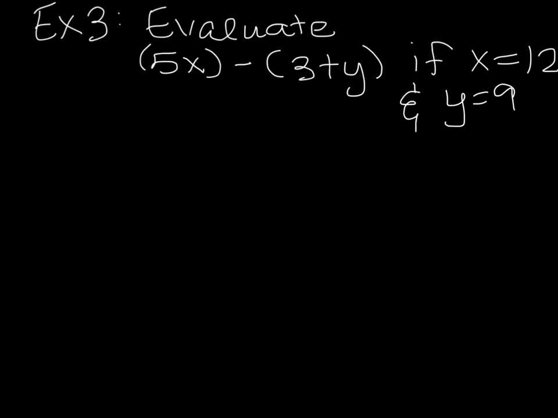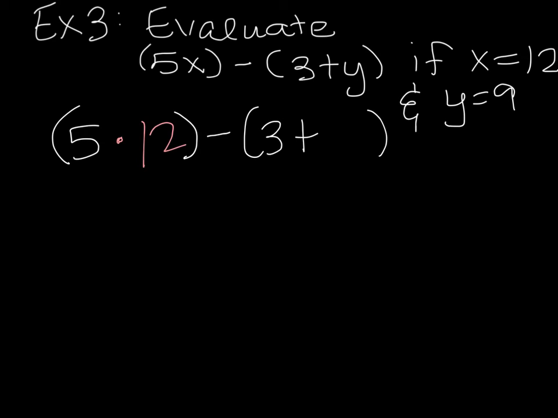Okay, so to start, I'm just going to copy down everything except for the variables. So let's see, I'm going to do 5 minus 3 plus, and then close my parentheses. And now I'm going to take wherever there was an x, I'm going to fill in a 12. And where there was a y, I'm going to put in a 9.